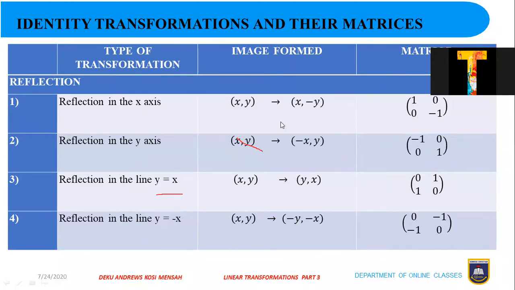So, if you have the Cartesian plane, now let's go to the board. If you have a Cartesian plane, let's assume this is vertical, this is the horizontal. We have both the x and then the y axis.